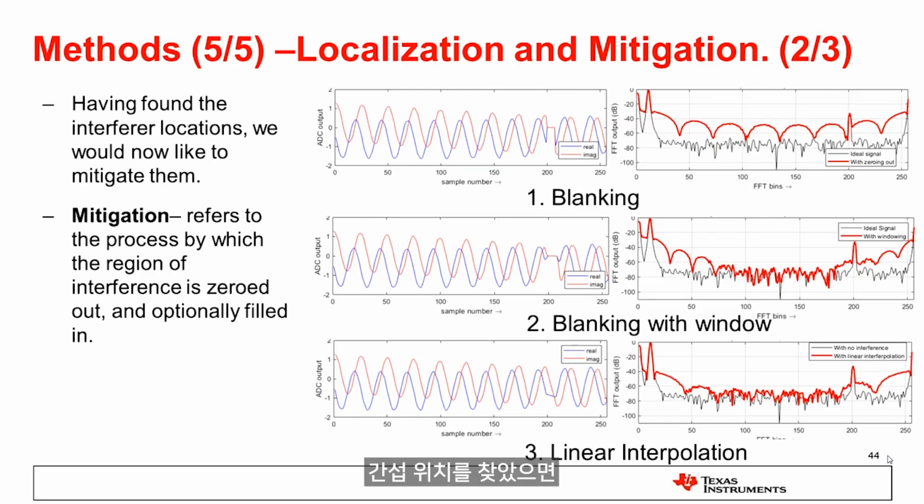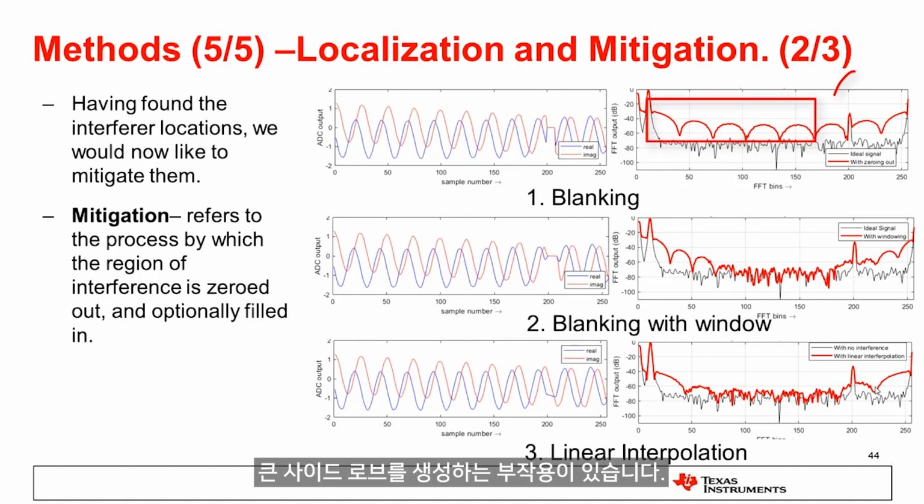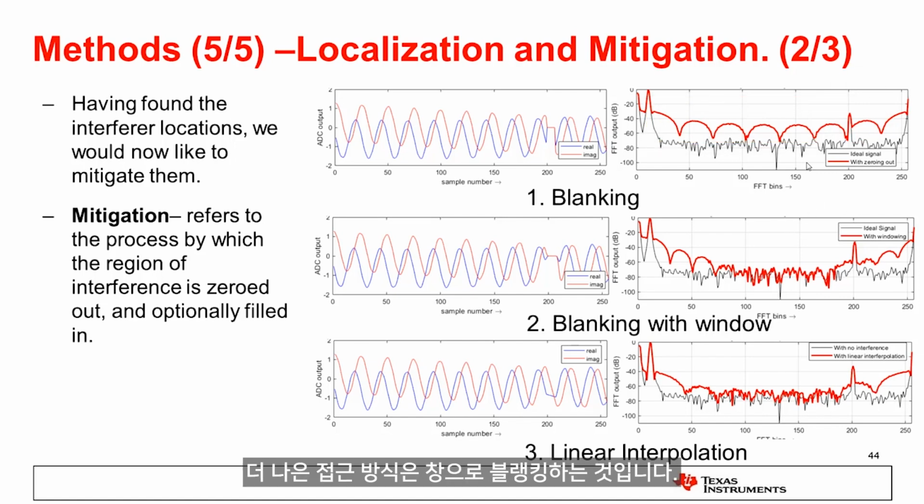Having found the interferer locations, we now would like to mitigate them. Mitigation here refers to the process by which the region of interference is zeroed out and optionally filled in. So the simplest method of mitigation is to replace the region of interference with zeros. That has the side effect of creating large side lobes that might bury weak targets. A better approach is to blank out with a window.